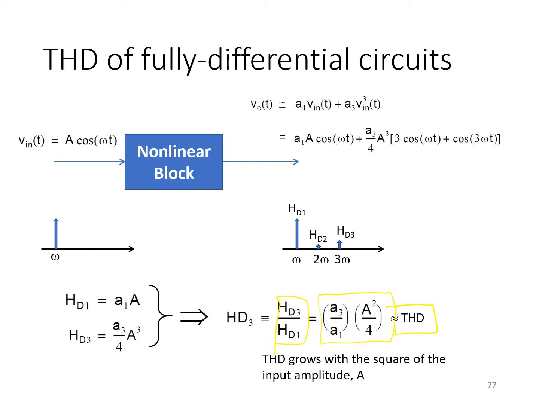Just note that we're using the uppercase H with the subscript D3 to denote the amplitude of the third order harmonic at 3 omega, but we use the uppercase HD with subscript 3 to denote the ratio of that third order harmonic to the fundamental, which, again, in the case of a properly designed fully differential circuit, will approximately equal the total harmonic distortion.